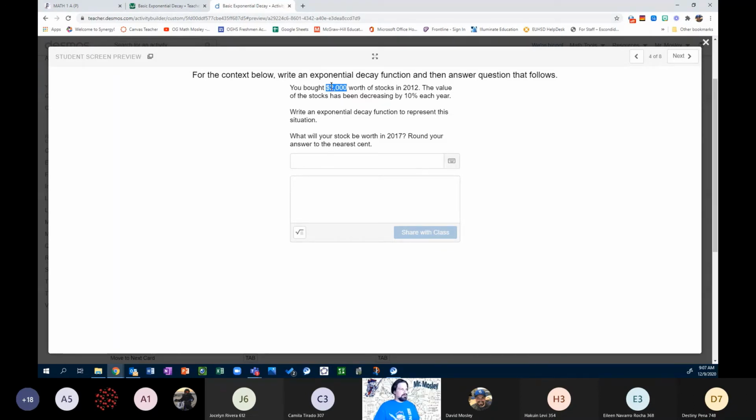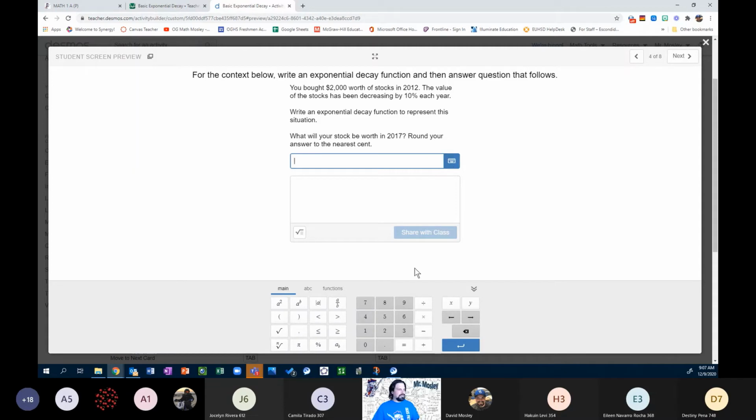We're going to look at this first part first. All right. We're writing an exponential decay function to represent this situation. We have a $2,000 start value. We're decreasing by 10%. So we're writing this function, right? You can say y equals our start value, 2,000, times, and there's a couple ways we can write this.